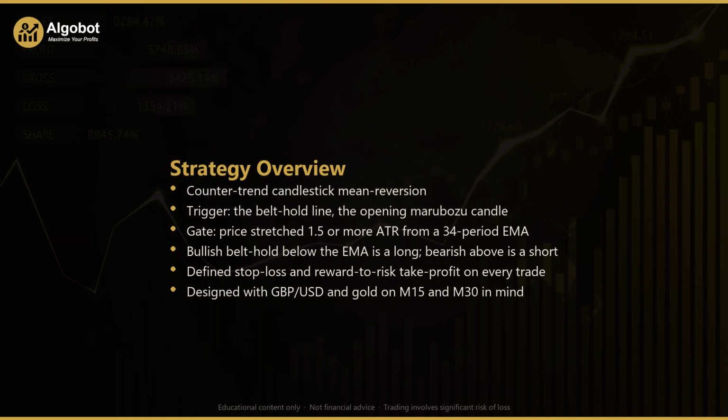A bullish belt hold opens right at its low with essentially no lower shadow, then travels firmly upward and closes near its high. A bearish belt hold is the mirror image. It opens at its high with no upper shadow and closes near its low. In plain terms, one side of the market seizes control from the very first tick of the bar and holds it all the way to the close.